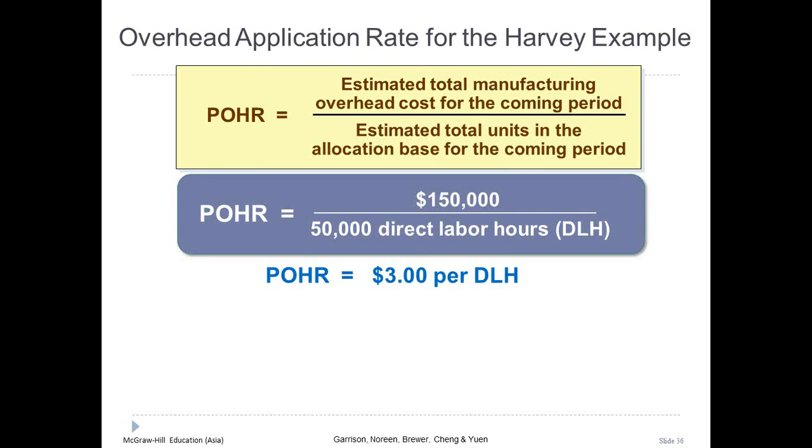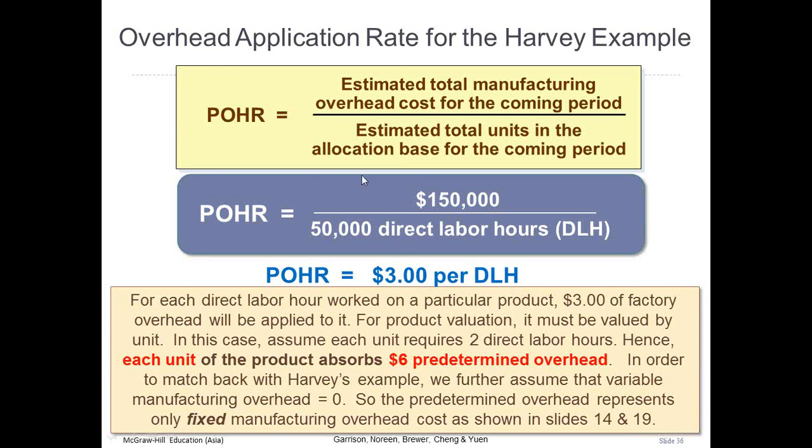Recall the equation for calculating the predetermined manufacturing overhead rate. There it is. The overhead can be allocated on the basis of direct labor hours worked on a particular product.